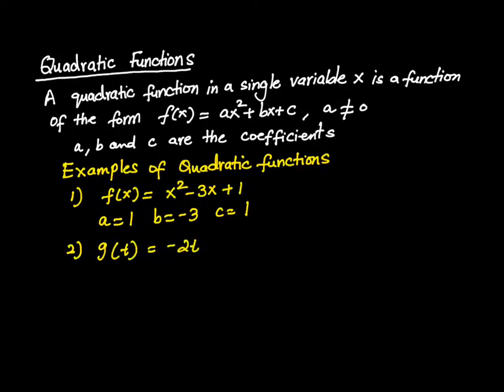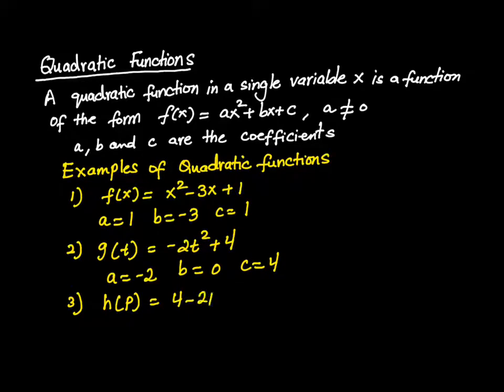Another equation, g of t equal to negative 2t squared plus 4. A is negative 2, b is, there's no b, and c is 4. B is 0 because there's no b. The third one here, h of p is 4 minus 2p minus p squared.